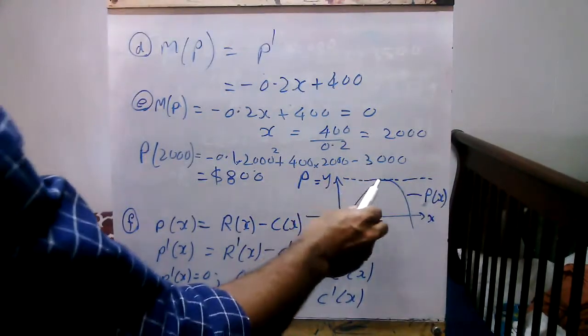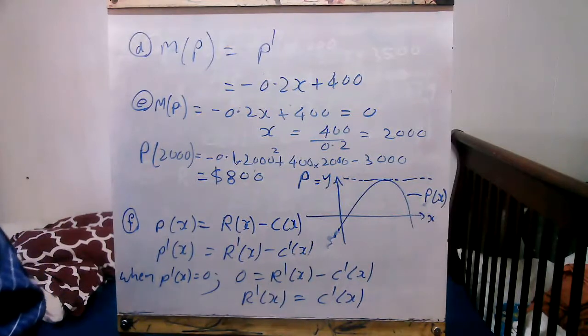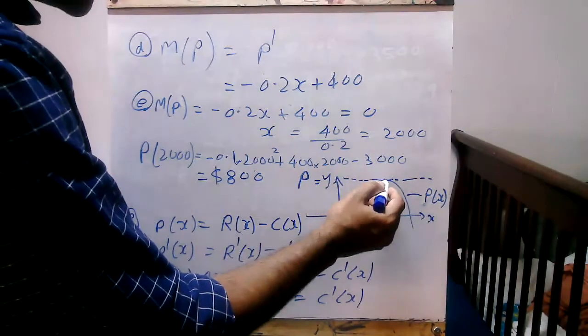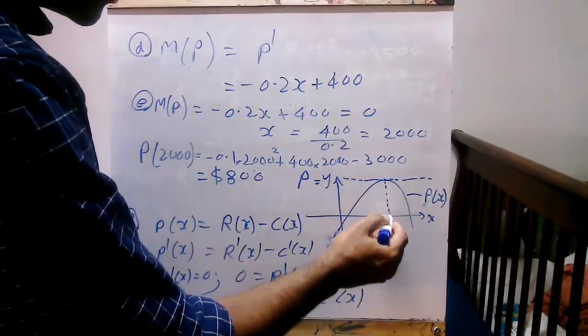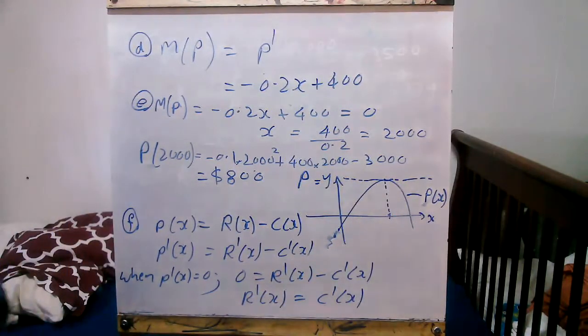So in other words, when marginal revenue equal to marginal cost, that is a good point to stop the production. When X is at this level, it's a good time to stop the production.